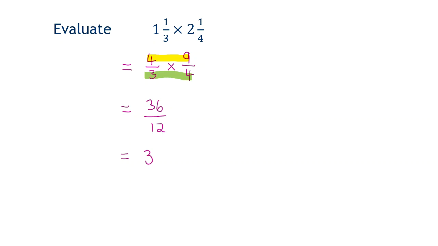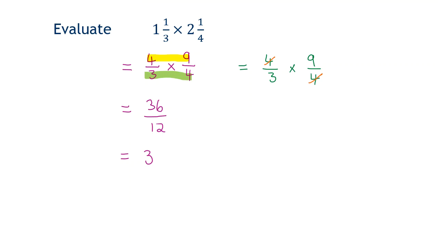I said I would show you a little shortcut, and this is going to be helpful later on, and I would always encourage you to look for this shortcut if you can. So from this stage of 4 thirds multiplied by 9/4, it is possible to appreciate that we can have some simplification going on. Hopefully you can see those two 4s.